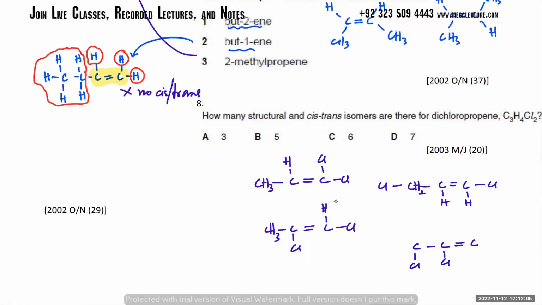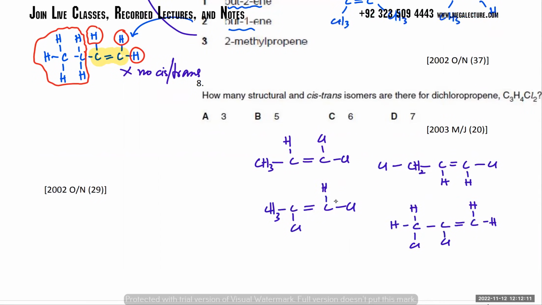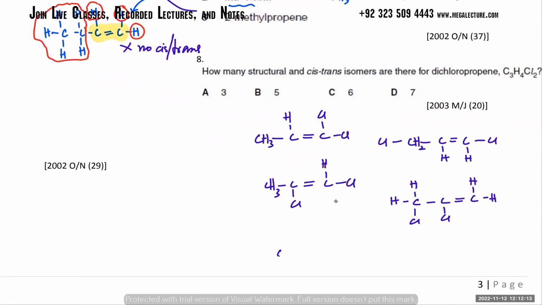And the rest is all H's. And I can have another positional isomer, which is that I can have two Cls on this end. And those are my four H's.